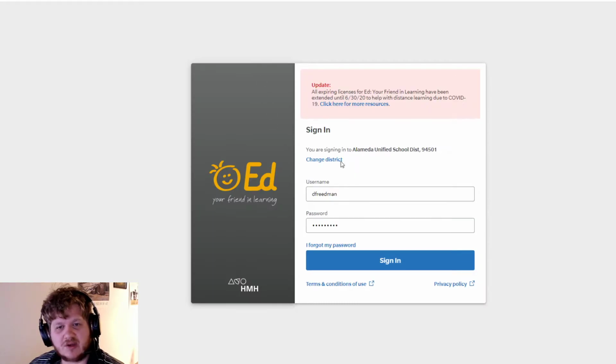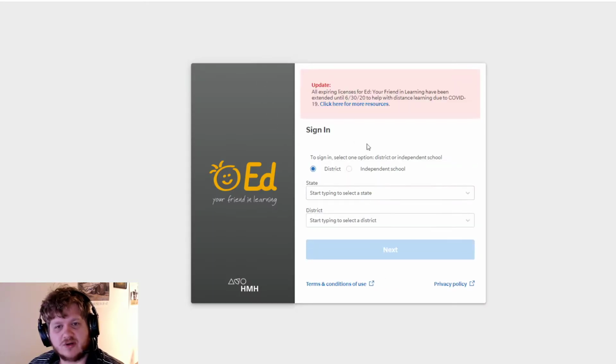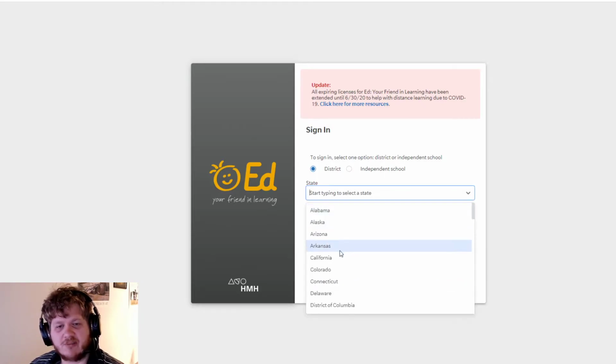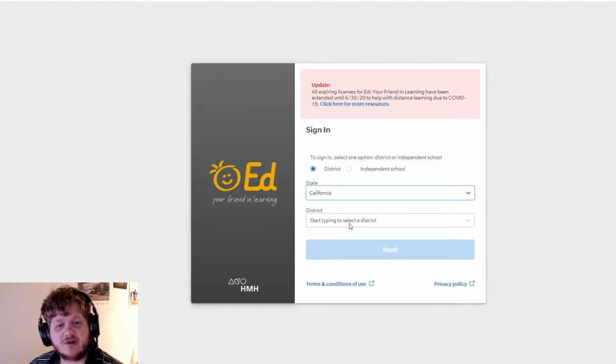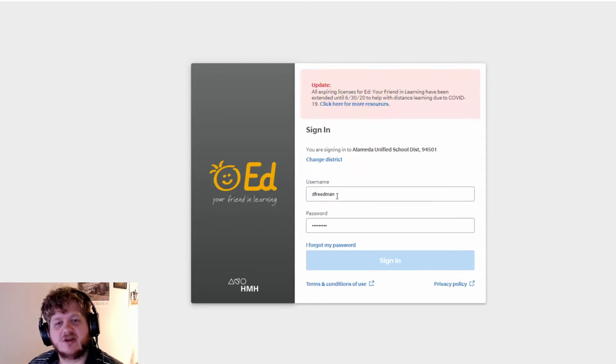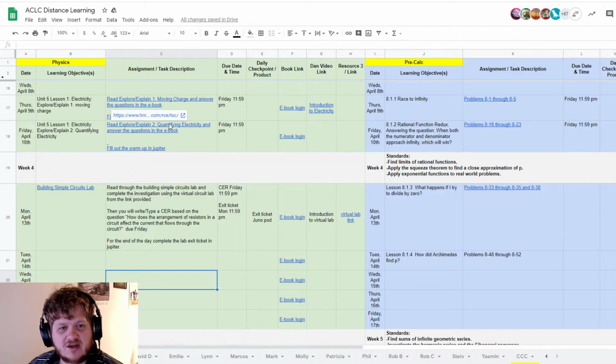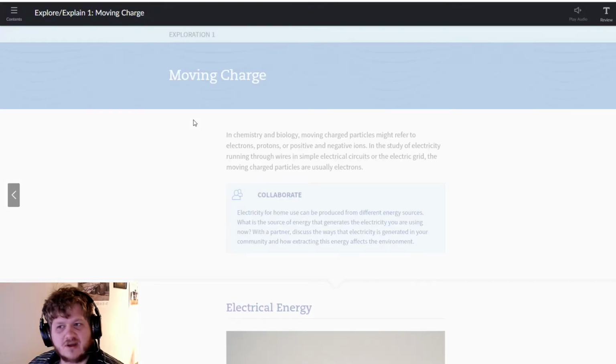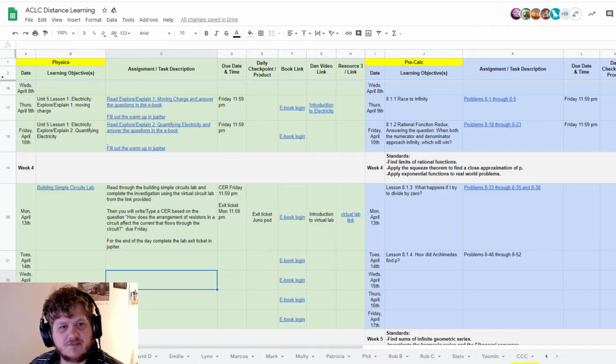Choose the state as California and the district as Alameda Unified School District. Then click next, and put in your username and password. Your username should be your email. Your password will be ACLC, all lowercase, and then a 2-digit number. Once you sign in, you can go back and click on the link, and bam, it brings you right to where you need to be.